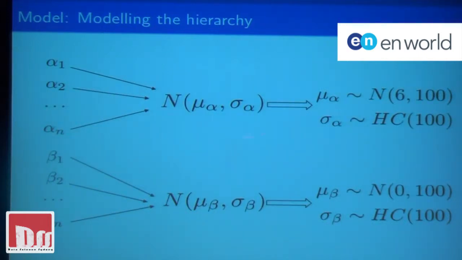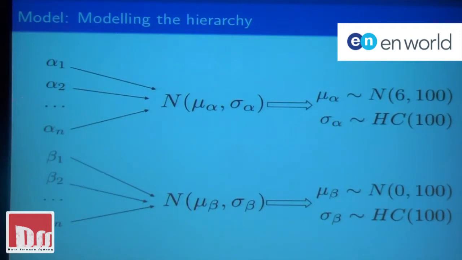And then I say that they all come from a common population distribution, which is normally distributed with mean mu alpha and standard deviation sigma alpha. And in turn, this distribution has its own prior distribution. And for these prior distributions, I essentially try to have a flat prior such that the data informs as much as possible what this mu alpha and sigma alpha is.